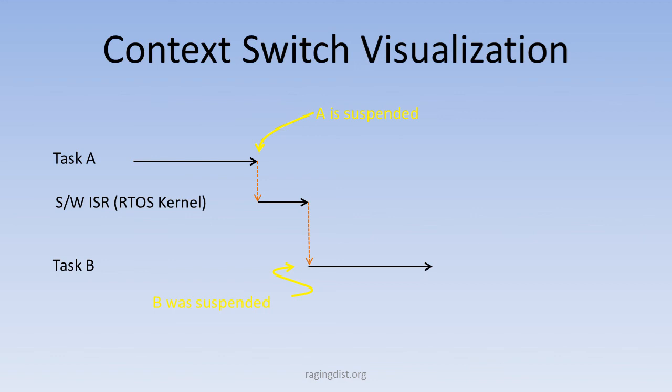So in this sequence, you start with task A that executes, then the ISR executes, and then B, which had previously been stopped and switched out, gets switched back in again and continues. At each step of the way, A is preserved. The software ISR, you don't have to preserve the state of it. It's designed that way. And then B, which was preserved, is resumed.